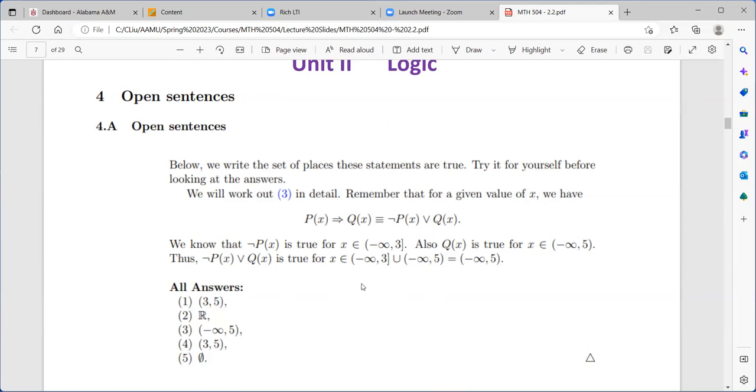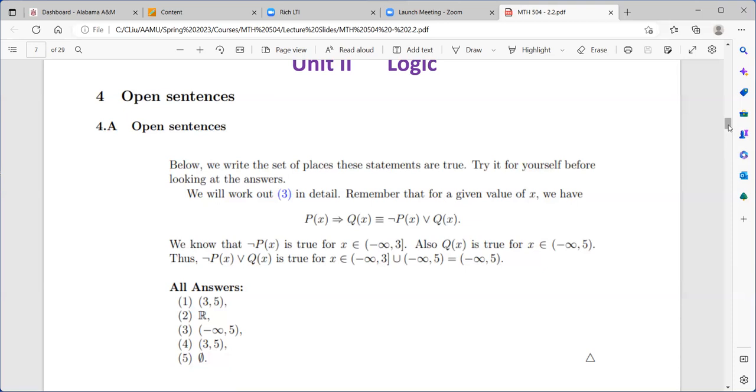Okay, so using the number line to represent the intervals, you're going to see the second interval from negative infinity to 5 actually includes the first interval. Or this first interval is a subset of the second interval, so the answer will be the second interval. All right, and you can easily work out other cases, and these are the answers. This is the answer. Okay.